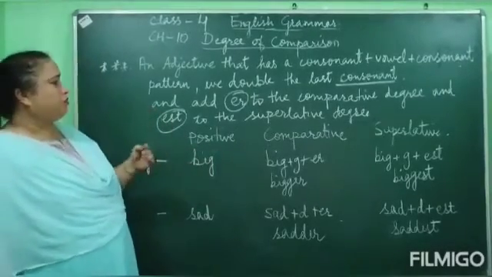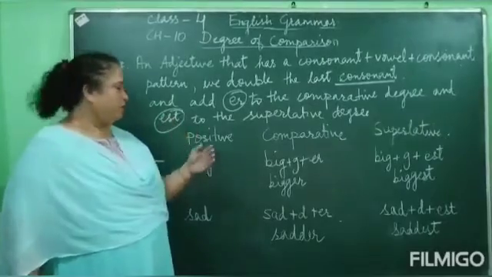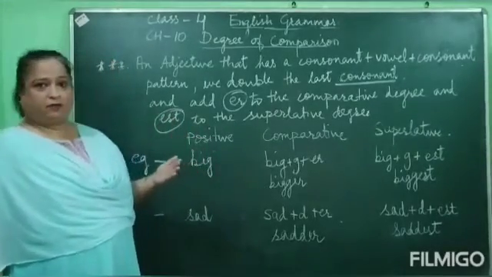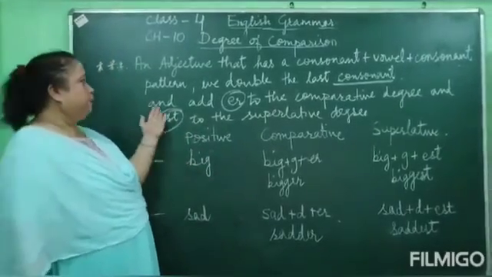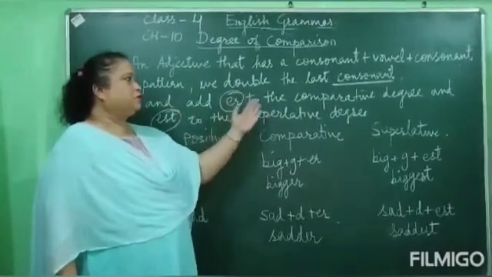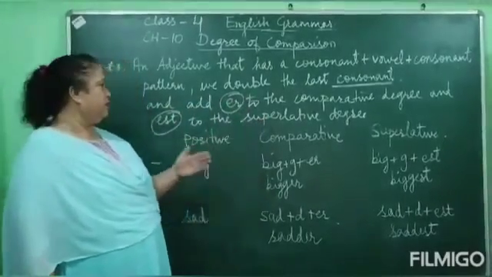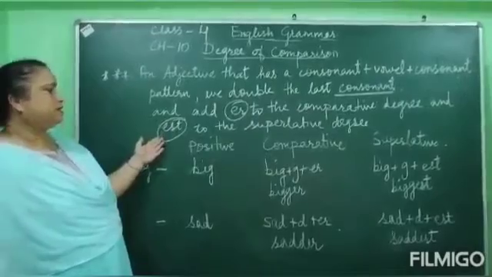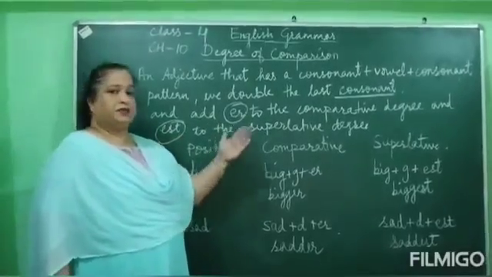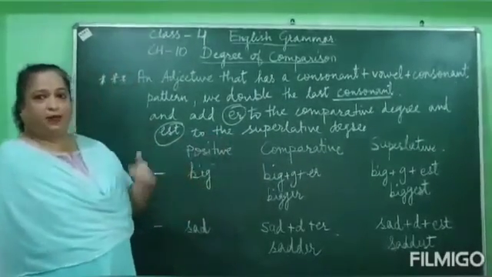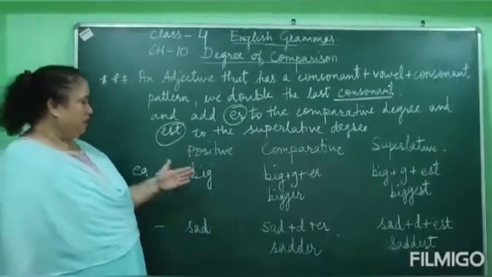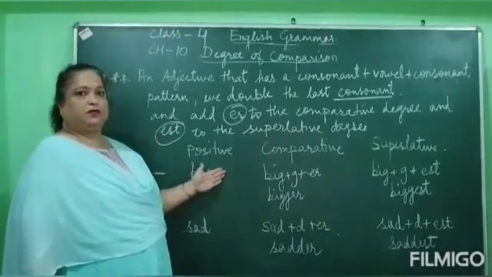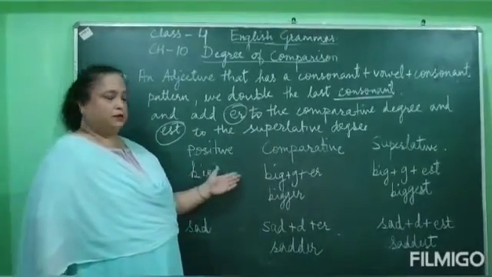So what do we do to form these words? First of all, we double the last alphabet, that is a consonant, and we add ER to the comparative degree and we add EST to the superlative degree after doubling. That means after adding another consonant of the same kind to the word.